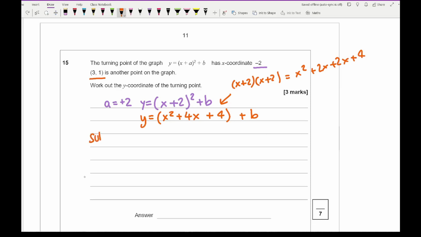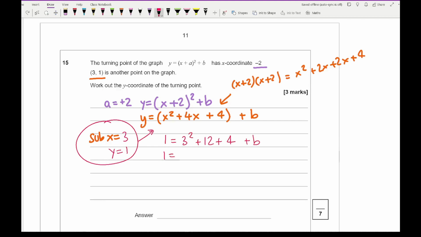So if I substitute x equals 3 and y equals 1 into this, I end up with 1 equals 3 squared plus 12 plus 4 plus b.